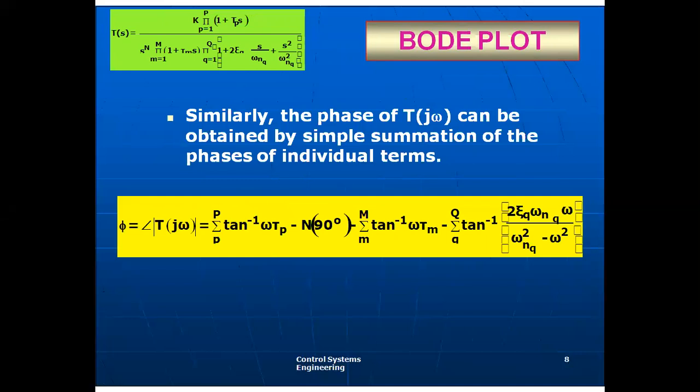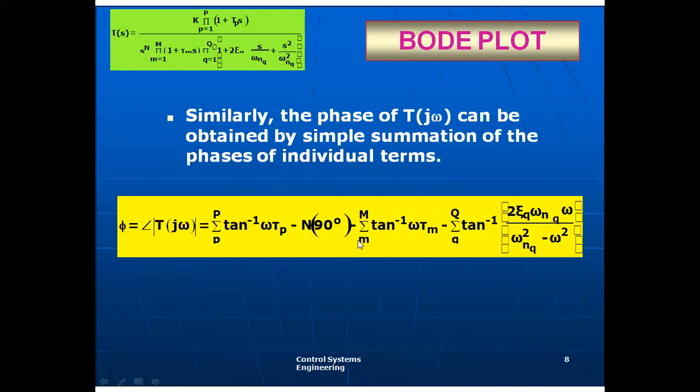And the phase of T of j omega can be obtained as in the case of the previous sessions. So phi, the angle of T of j omega, can be written as the summation of tan inverse of omega Tp for the numerator terms, minus n multiplied by 90 degrees, since here it is s power n. Suppose it is s square, then it is 2 into 90.